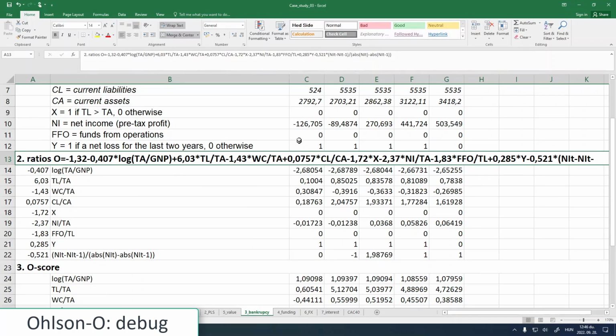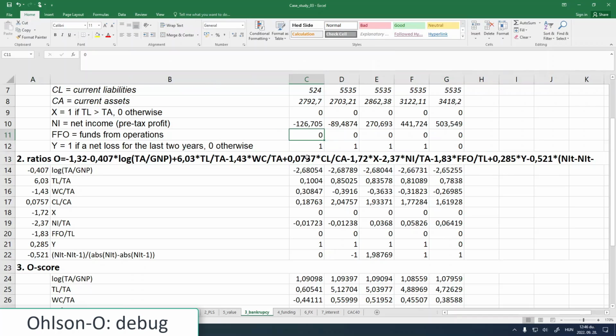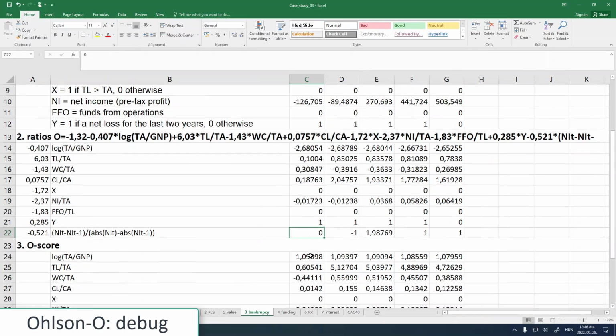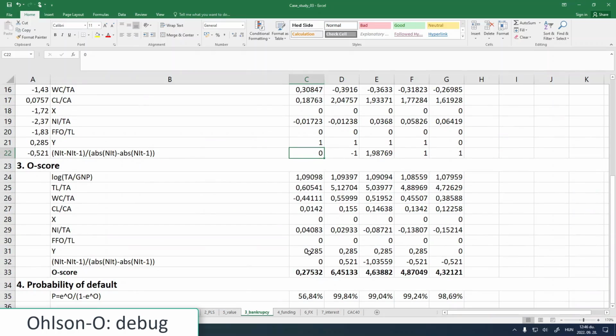So maybe if I'm killing this one and also removing this one from the equation, it will create disturbances. But after that, we have the data here.